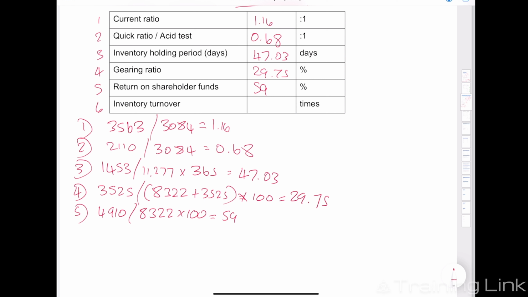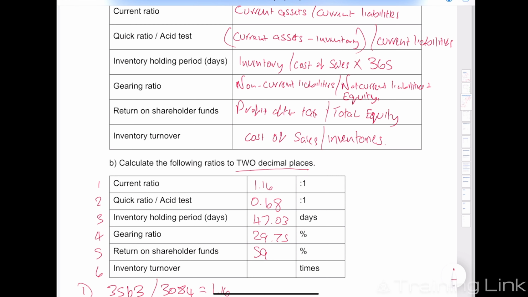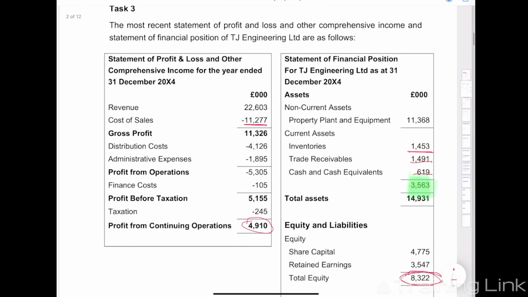And then the last one on the list is inventory turnover, which you said is cost of sales over inventory. So we want to use, again, cost of sales and our inventory figure.